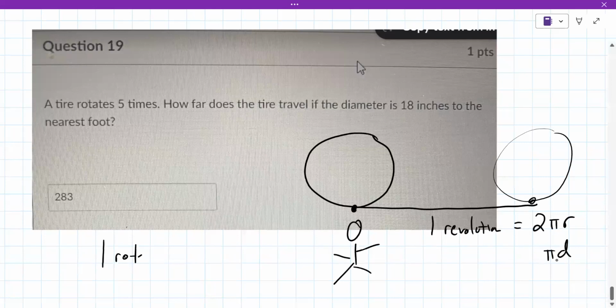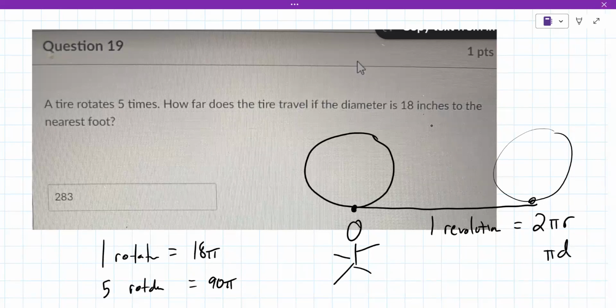So 1 rotation is 18 pi. But we're not going 1 rotation. How many are we going? 5. So to multiply this by 5 rotations is 90 pi.